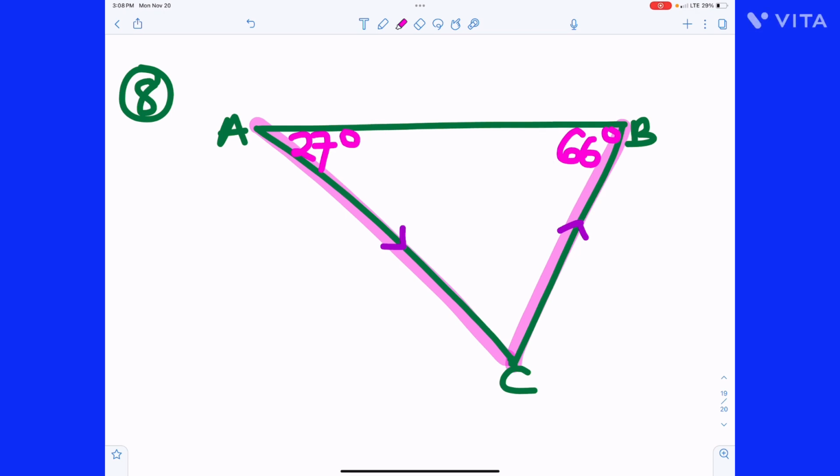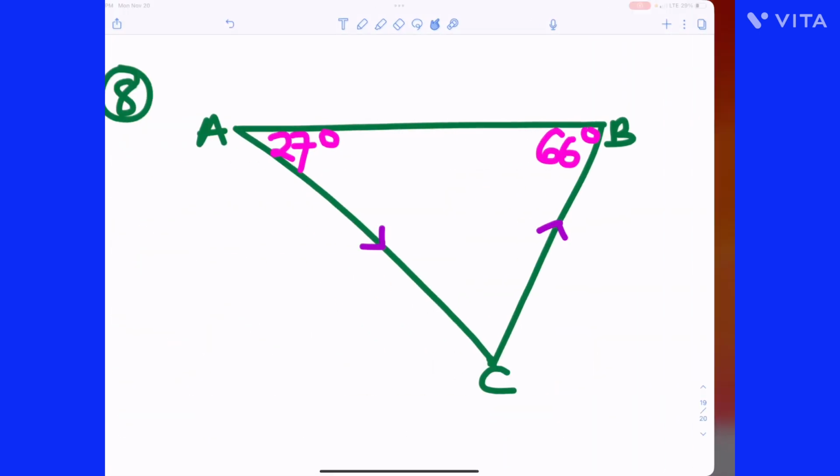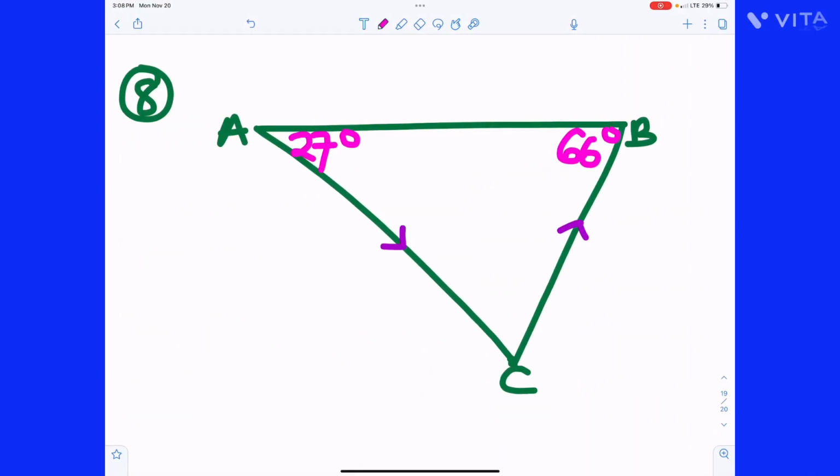So that's where those angles will be. The question now says we should calculate AB if AC is 220 kilometers.